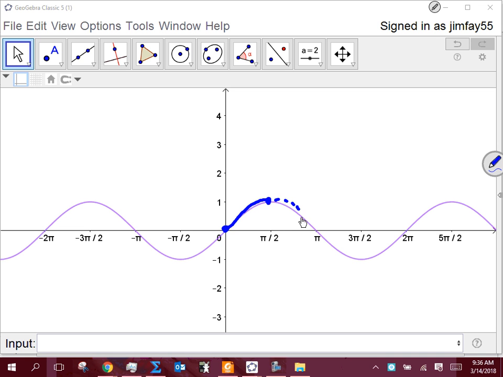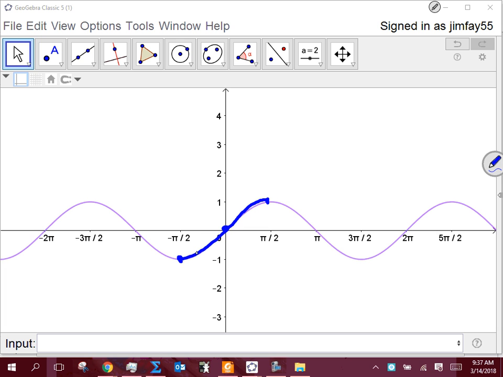So any one of these dotted points would be a y value that we've already passed through over here, so we would fail the horizontal line test if we incorporated these dotted points with these solid ones, right? So let's not incorporate those. Okay? But for the same reason, am I still increasing if I go from here to there? Okay?